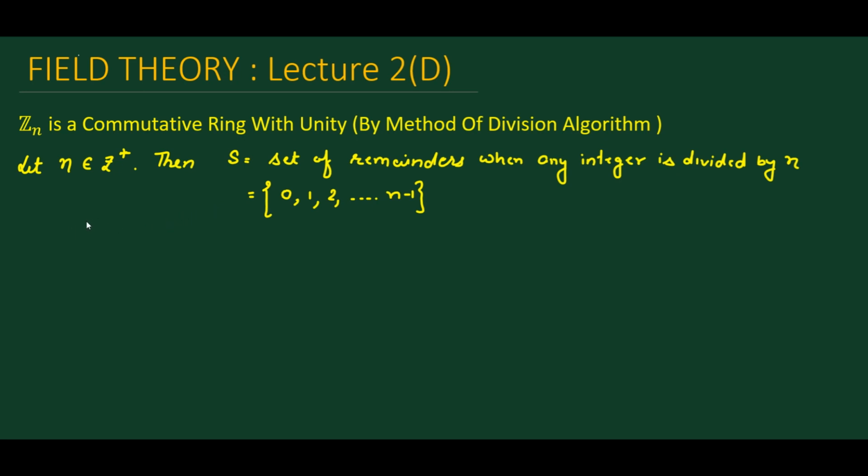Now we will show that this S turns out to be a commutative ring with respect to two binary operations, addition and multiplication. First we will define a binary operation on S. Define a binary operation, addition modulo n, on S as follows.